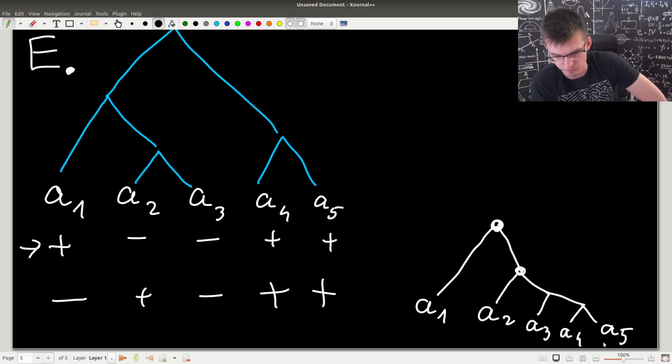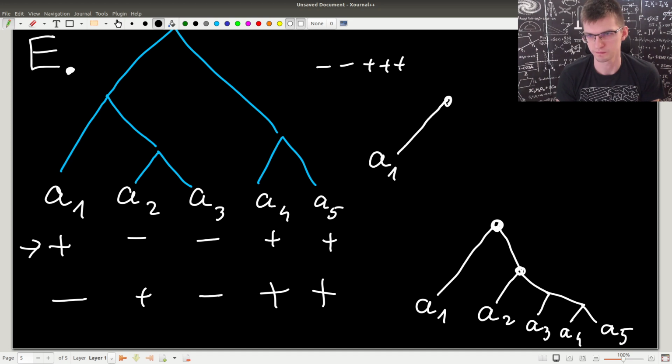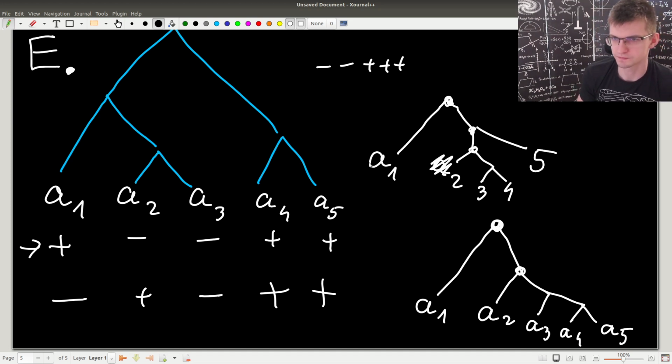Can I get minus minus plus plus plus? I don't know why I'm typing A1, A2, and so on.